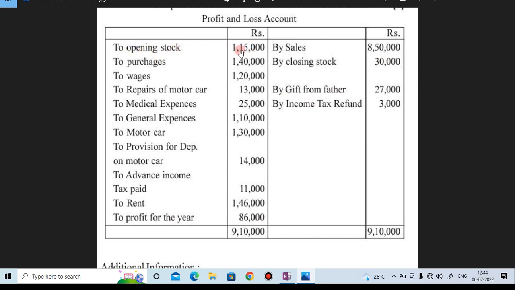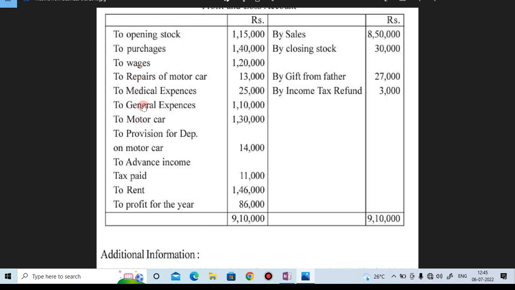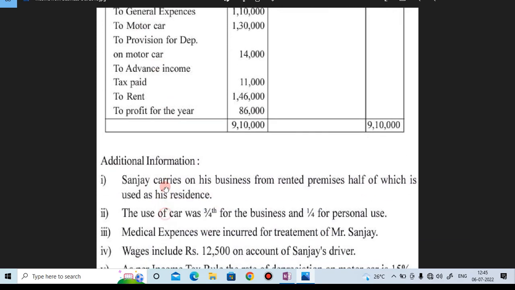Opening stock is related to business. Then purchases 1,40,000. Purchase is also related to business. Next is wages 1,20,000. Wages is also business expenditure. Okay, but now here on wages there is adjustment.